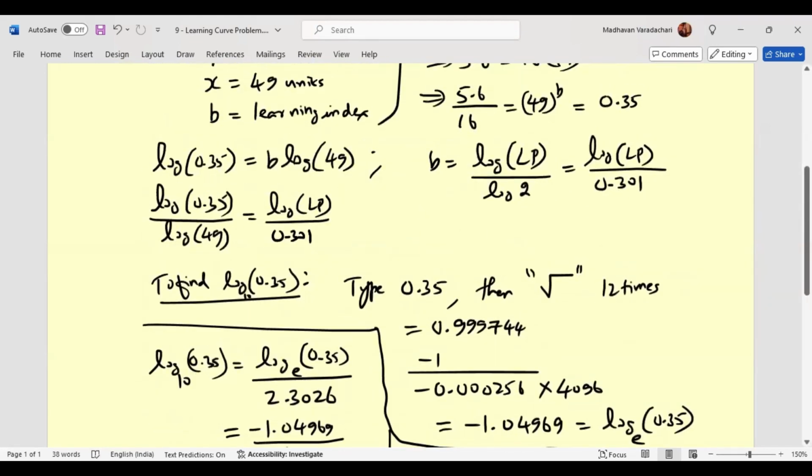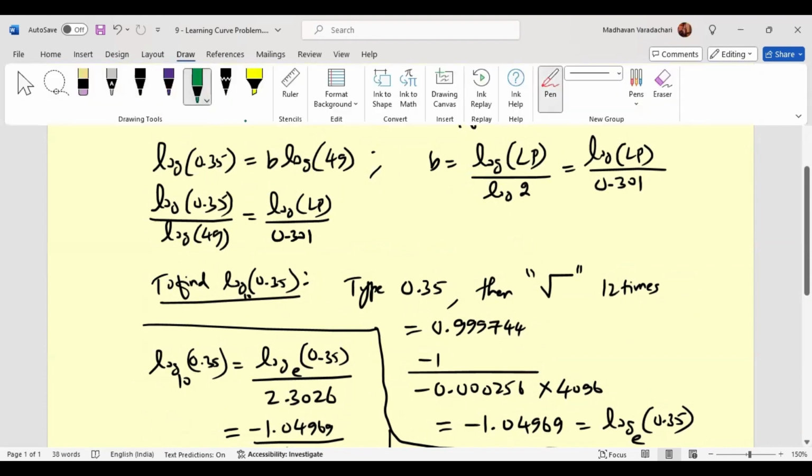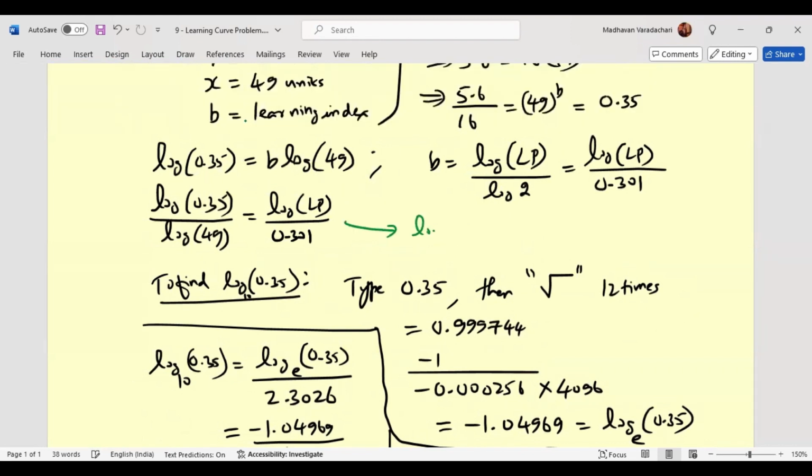We can say from here, logarithm of learning percentage will be 0.301 multiplied by logarithm of 0.35 divided by logarithm of 49.